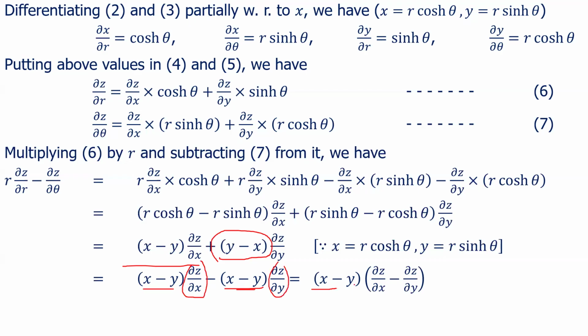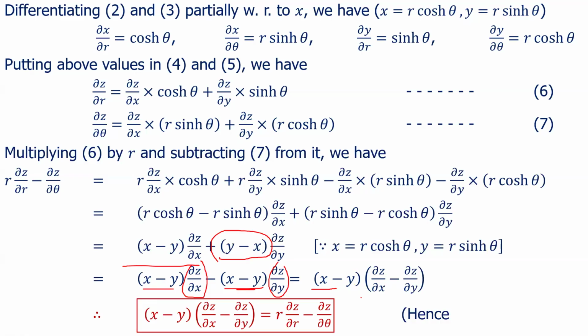So (x minus y) times (del z del x minus del z del y) is equal to r del z del r minus del z del theta. This is the desired result, hence proved. Thank you.